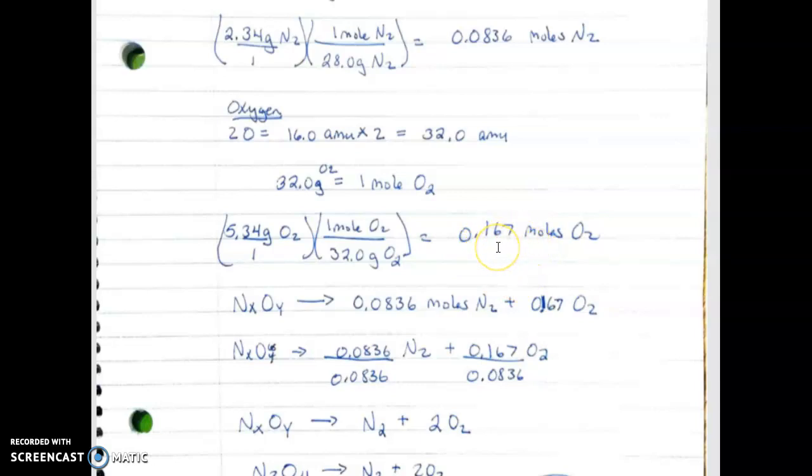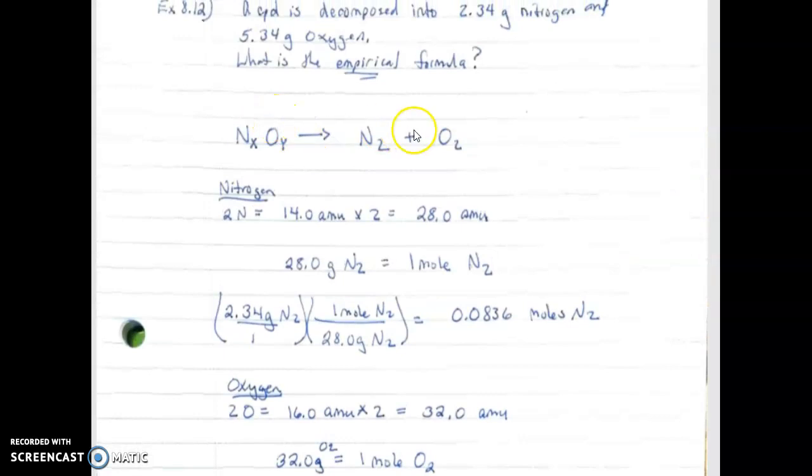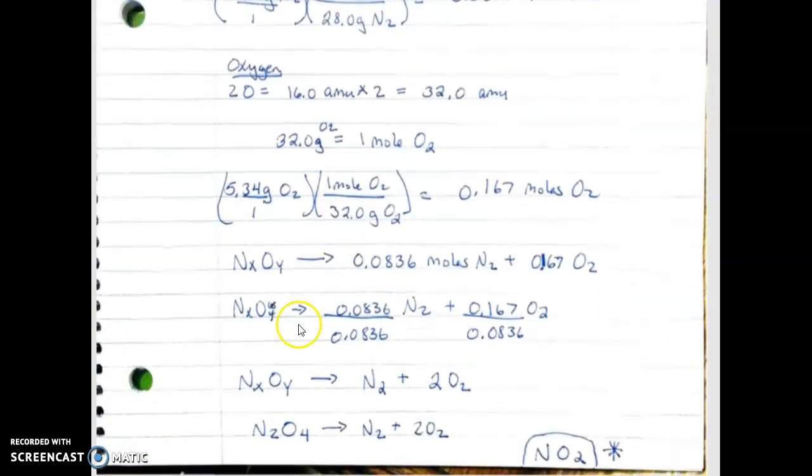So in the way this chemical reaction is written here, this implies that I have 1 mole of nitrogen for every 1 mole of oxygen. And usually we like to write whole number integers for those moles. In this case, that's not really what we have, right? What we've discovered is that we have 0.0836 moles of nitrogen for every 0.167 moles of oxygen.